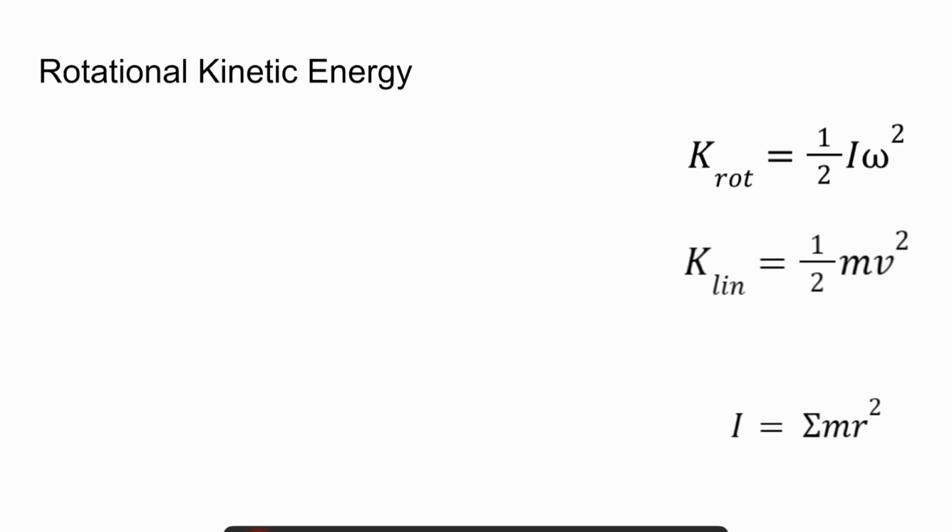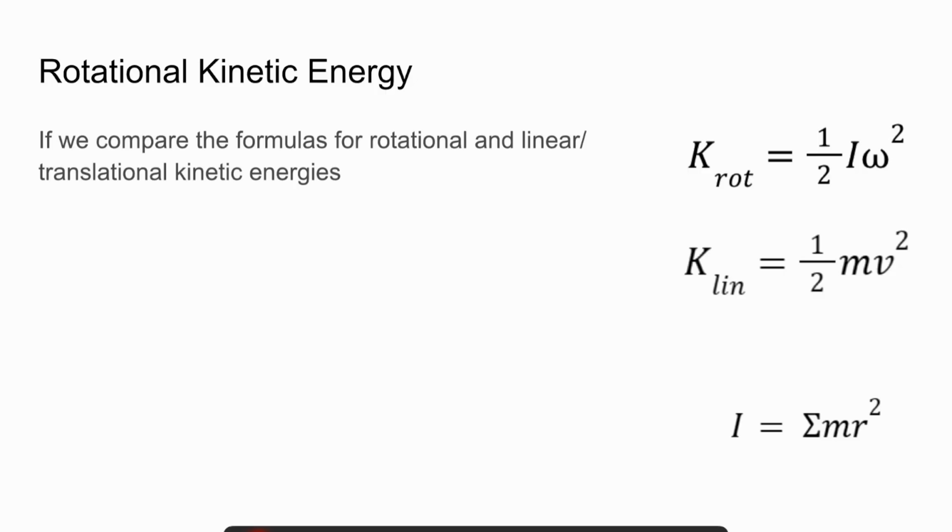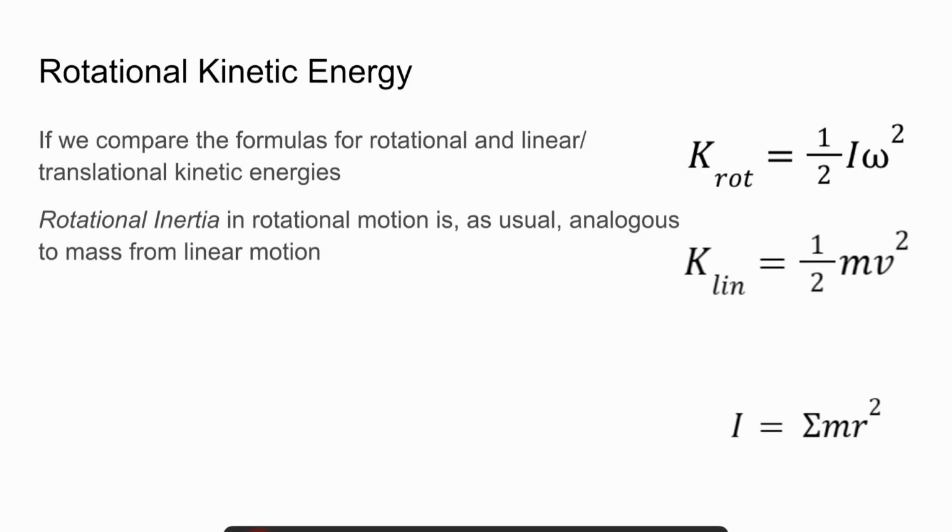So let's compare that to our linear, or translational, kinetic energy. And if we compare those two formulas, we see they're very similar, right? And now, just like with all of our other rotational motion equations, we have analogs between our linear or translational variables and our rotational variables.